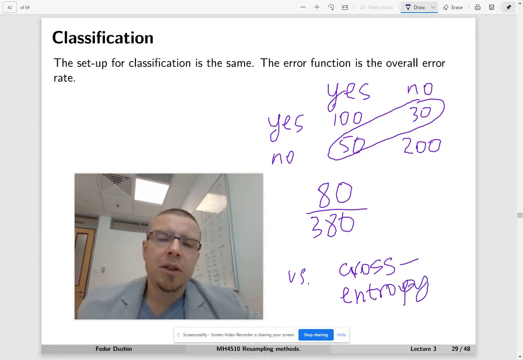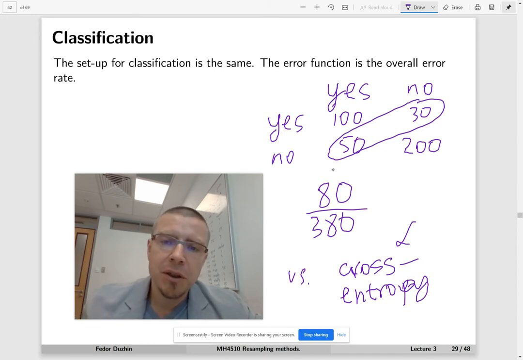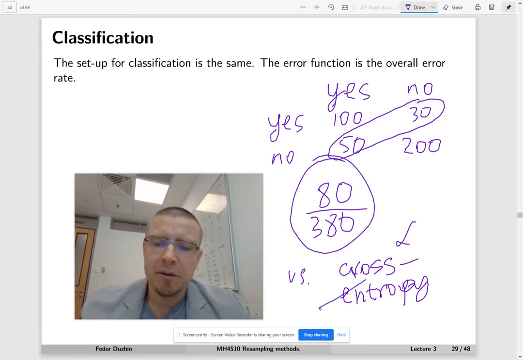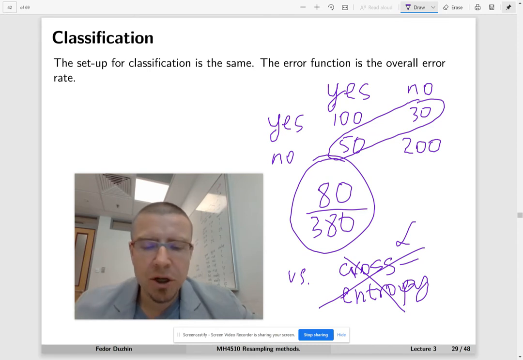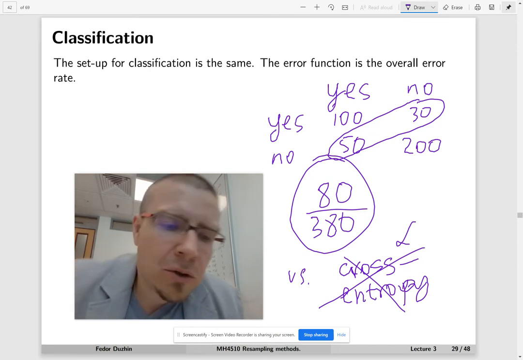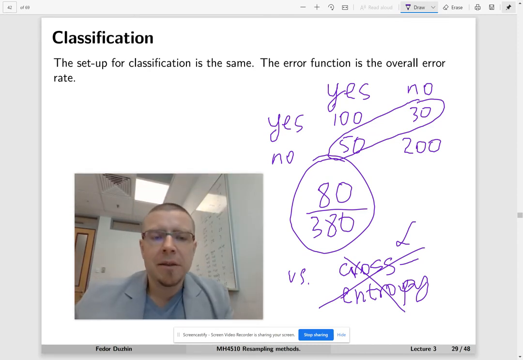It has a complicated formula with logarithms and all, but you probably recall that in order to train a logistic regression, we use this cross entropy. To do cross validation, we use the overall error rate instead. So for training binary models, we use cross entropy, but for cross validating, we use the overall error rate.